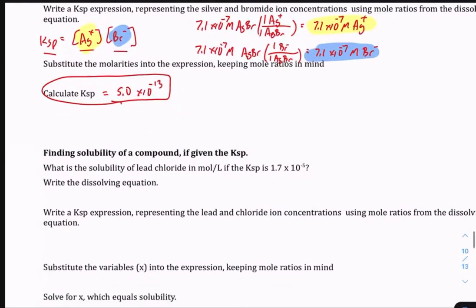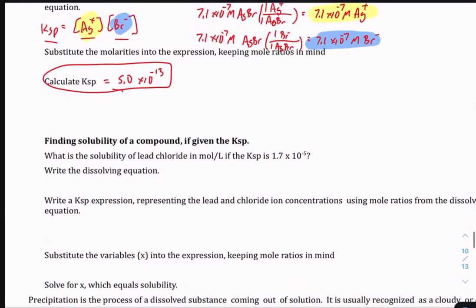Write a dissolving equation. So PbCl2 solid will form lead ions and 2 chloride ions. Kira, can we go over how to put it into our calculator?